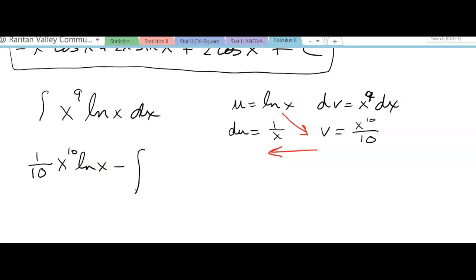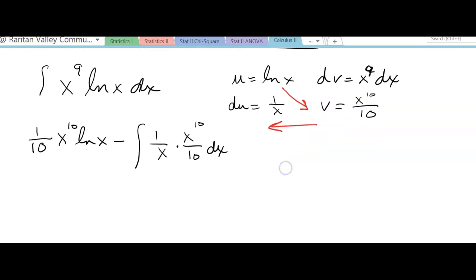All right, so don't panic, but our integral becomes 1 over x times x to the 10th over 10 dx. But that's okay, because that's something we can actually integrate, right? I'm going to just do this one off to the side for a second. So what do we get?